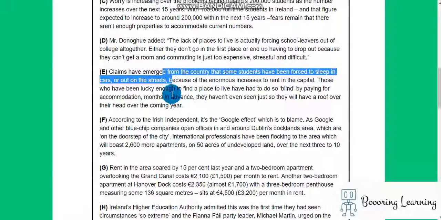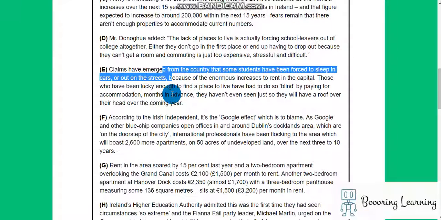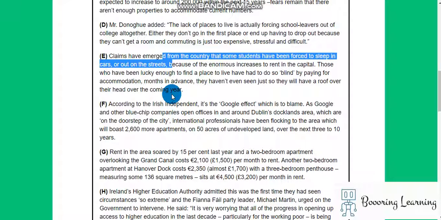Claims have emerged from the country that some students have been forced to sleep in cars or out on the streets because of the enormous increases to rent in the capital. Those who have been lucky enough to find a place to live have had to do so blind, paying for accommodation months in advance they haven't even seen, just so they will have a roof over their head over the coming years.